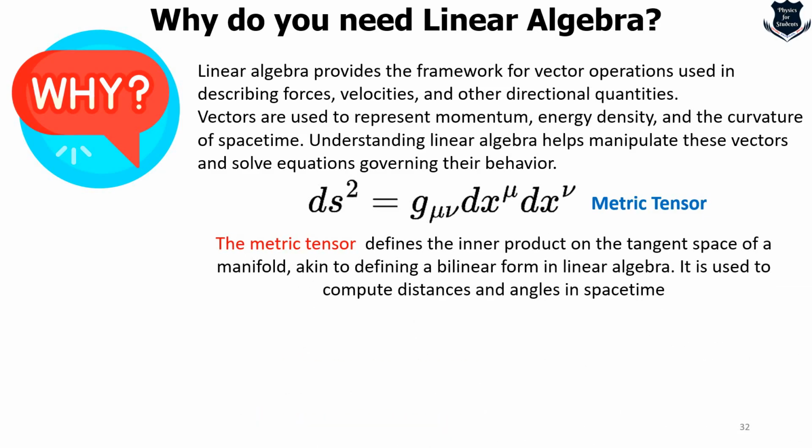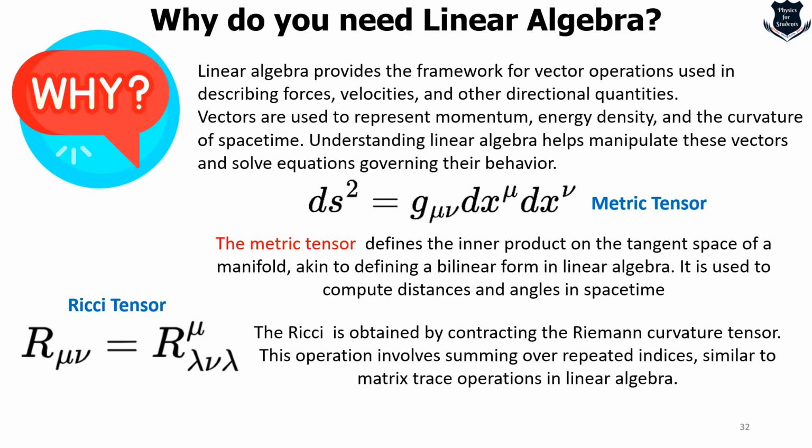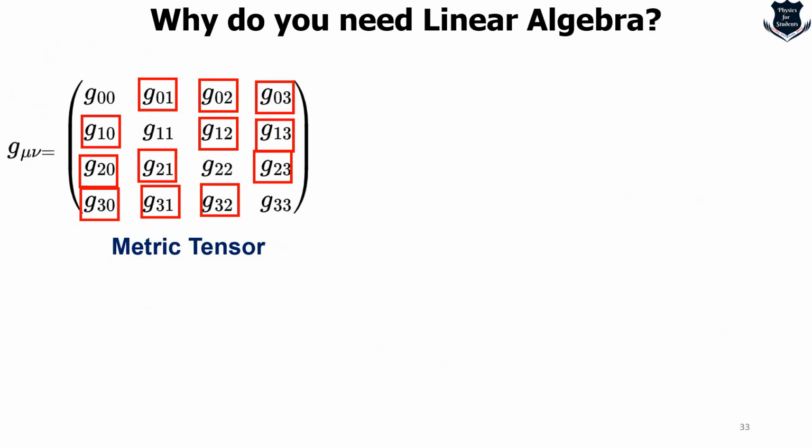The metric tensor is basically nothing but the inner product on the tangent spaces of a manifold, which is the bilinear form of linear algebra. Again, the Ricci tensor: what is that? The Ricci tensor is basically a summation over the upper and lower indices, and this is done through linear algebra. So as we proceed into the core mathematics of Einstein field equations and general relativity, linear algebra forms an integral part.